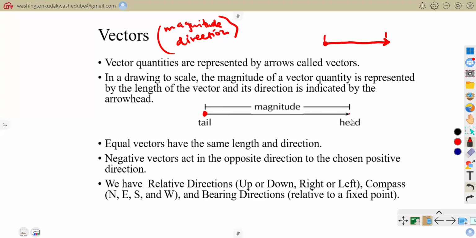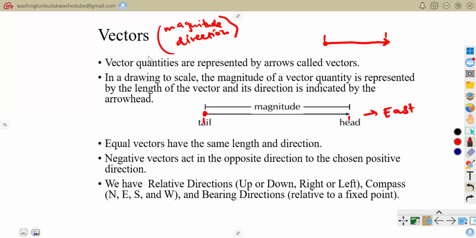So this becomes our head. On our head, we have an arrow pointing towards a certain direction. So this arrow is pointing to the east. So the arrowhead shows direction. But the total length from your tail to your head represents the magnitude of that vector quantity.